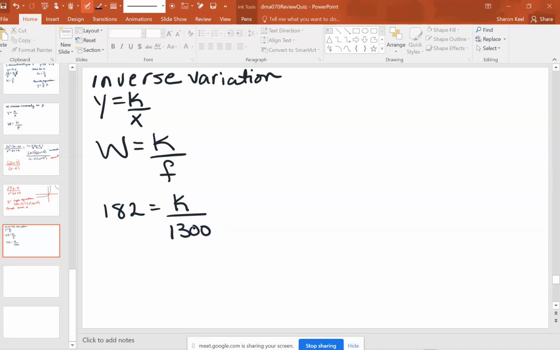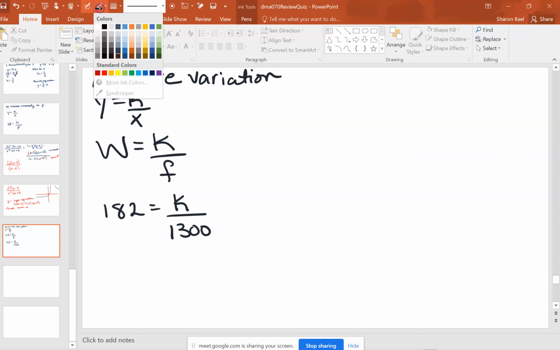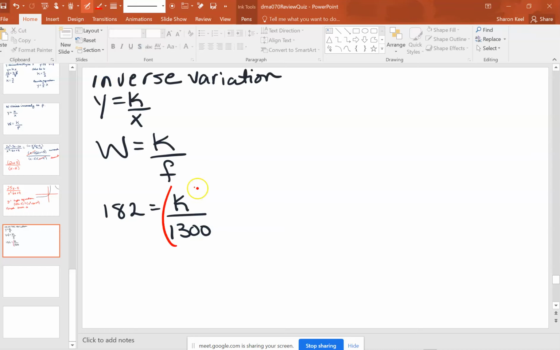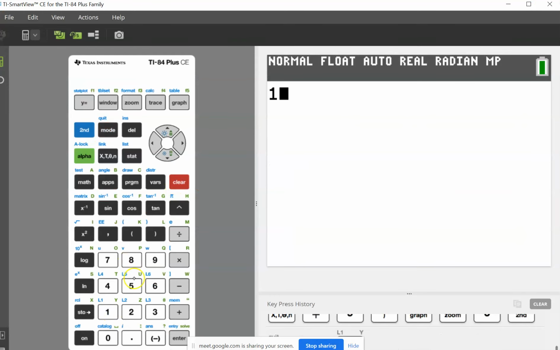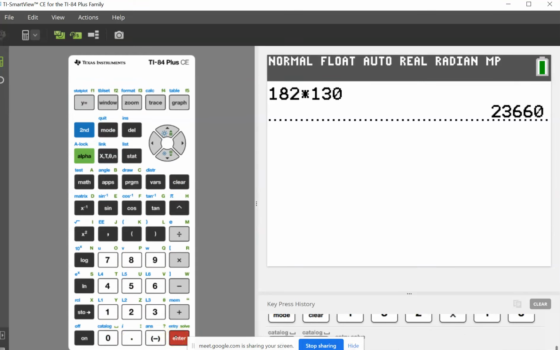The next step is to solve to figure out what K is, so we're going to multiply both sides by 1300. And K is 182 times 1300. Oh, wait a minute, 182 times, I was a zero short.